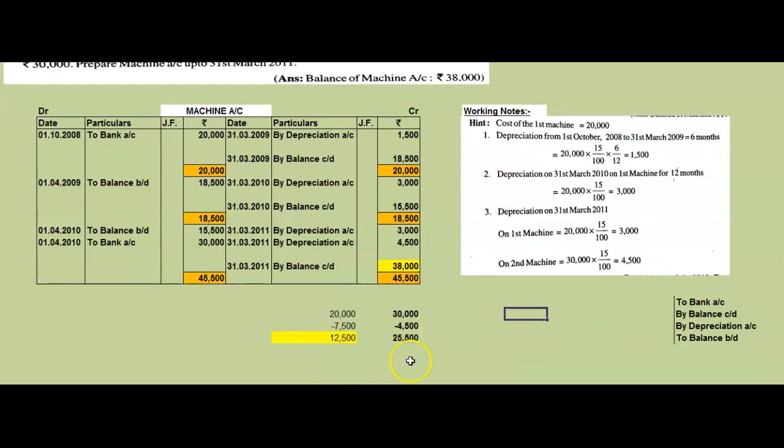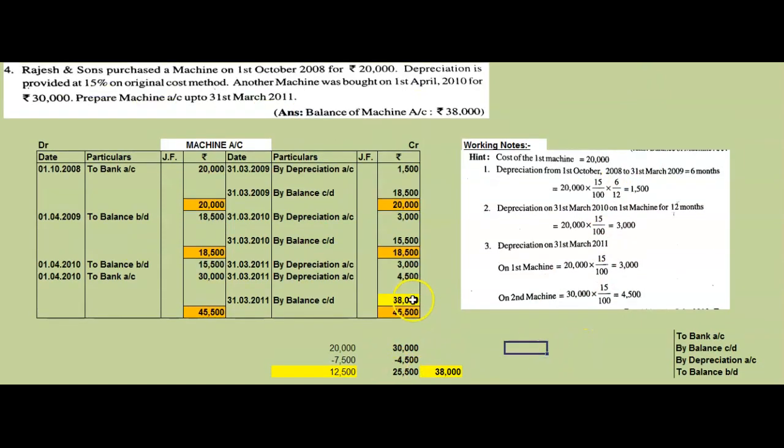If we add these two, we get 38,000. So in this 38,000, 12,500 is the value of the first machine after depreciating for 3 years, and 25,500 is the value of the second machine, which was purchased in the third year.